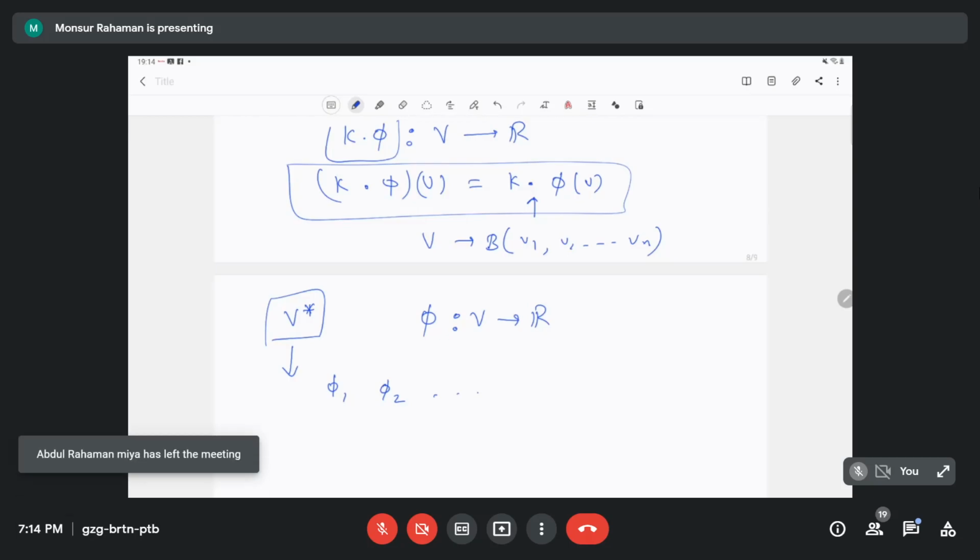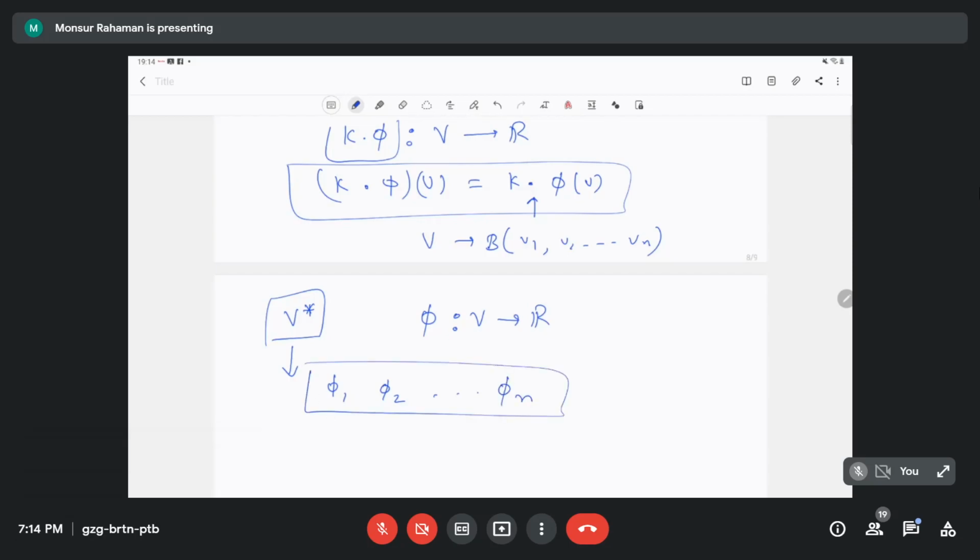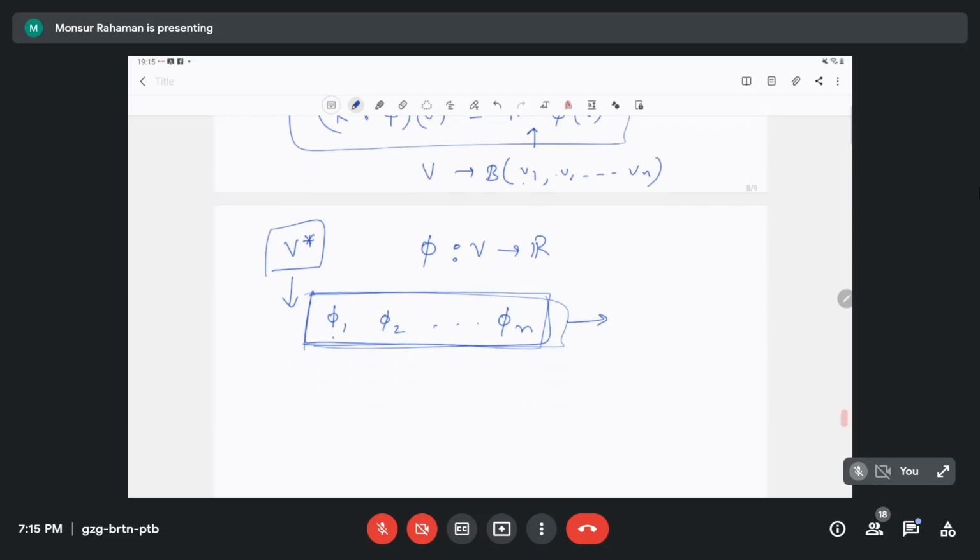It will be n dimensional. I will prove it later. So for v1, v2 and vn, this V star will have linear functionals which will form a basis.